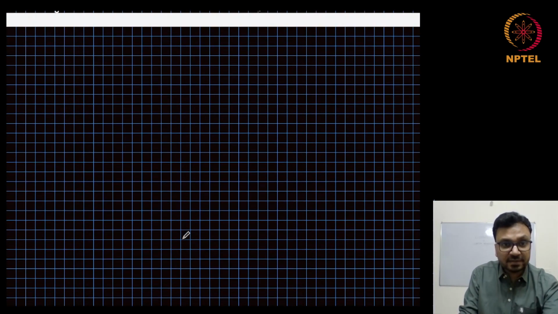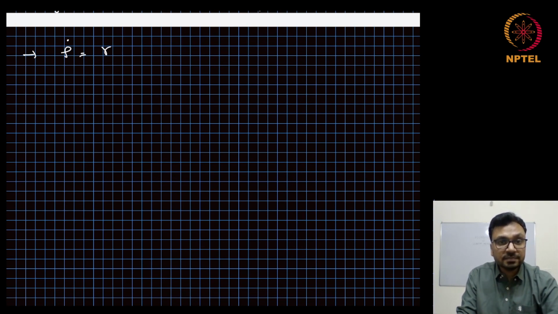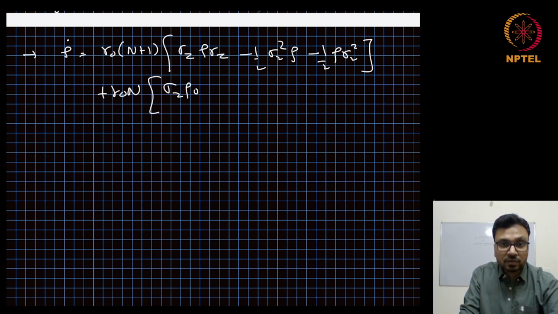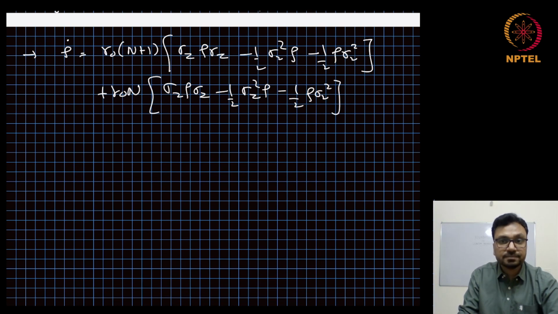In terms of the Lindblad operator, the master equation looks like γ_0 (n+1) [σ_z ρ σ_z minus half σ_z² ρ minus half ρ σ_z²] plus γ_0 n [σ_z ρ σ_z minus half σ_z² ρ minus half ρ σ_z²]. σ_z squared is identity.